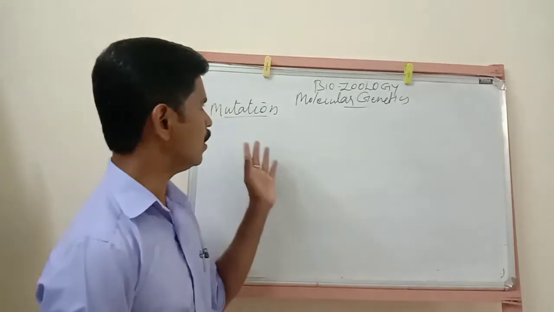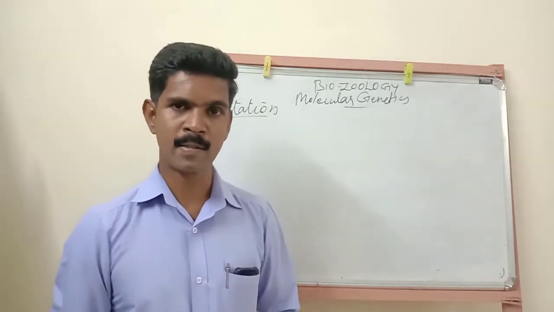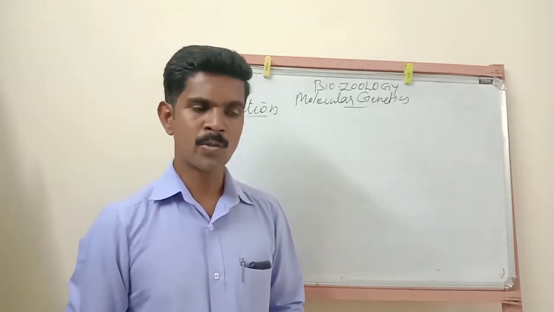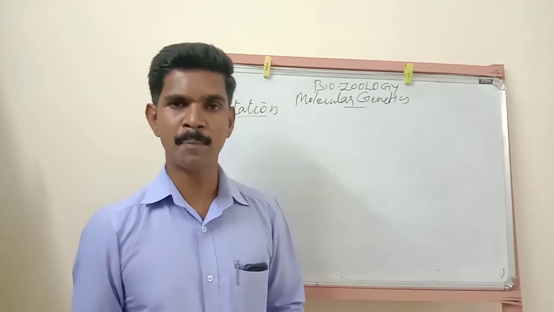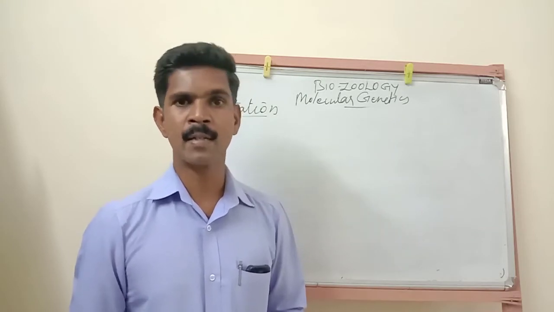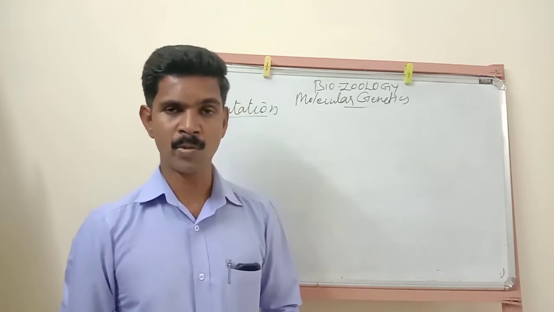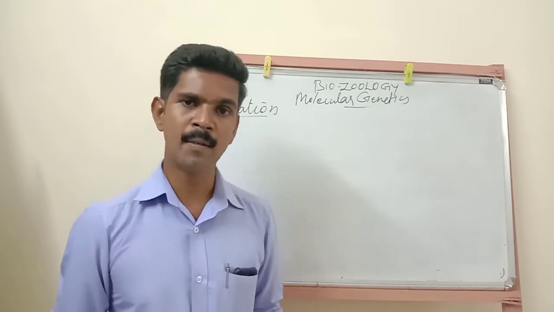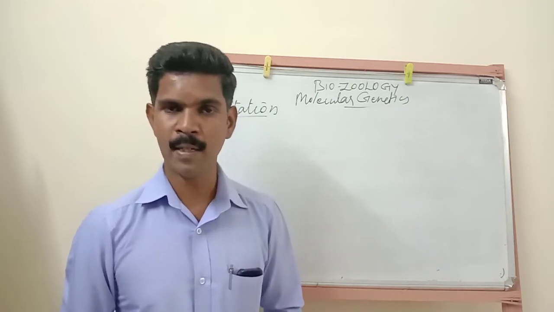This condition is called mutation. So this mutation leads to many problems, many disorders, some changes in their characters. So these are the problems because of the mutation or because of the changes in the genes.